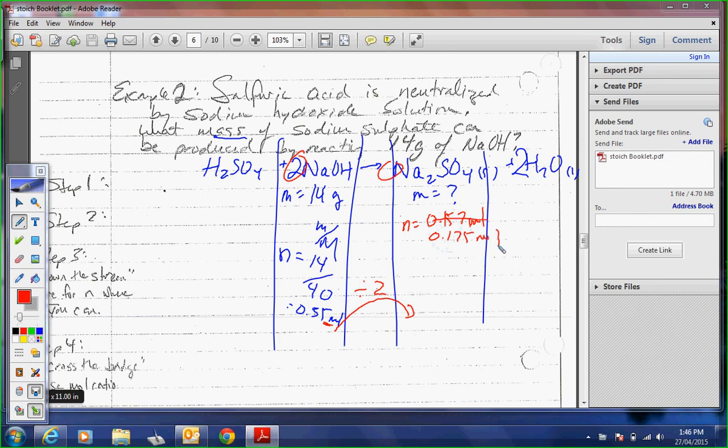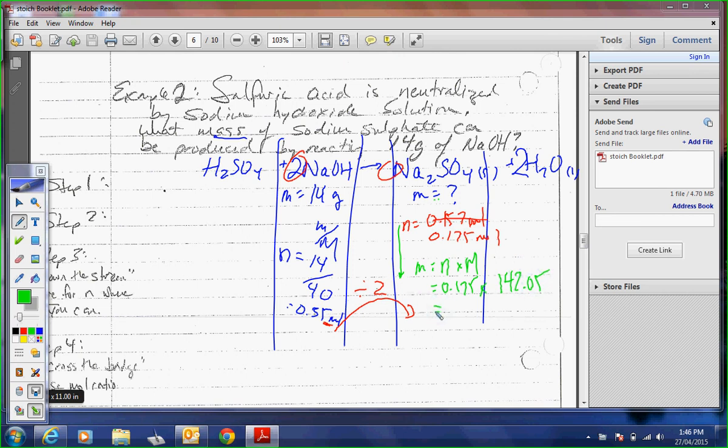And then I now need to solve for what I'm asking for, traveling down this stream. So the mass is n times big M, so 0.175 times, what's the big M of sodium sulfate? 142.05.